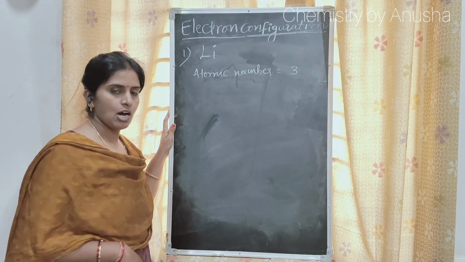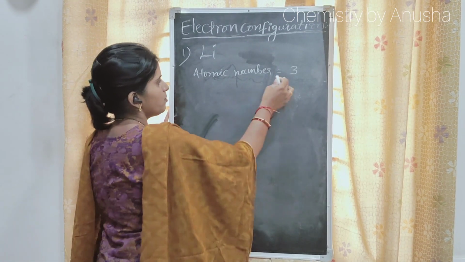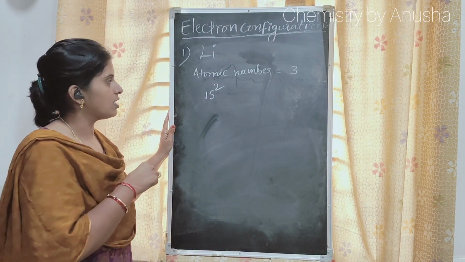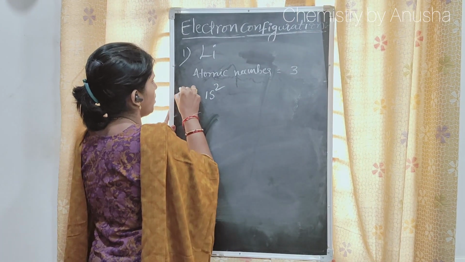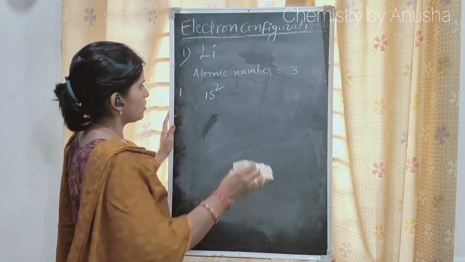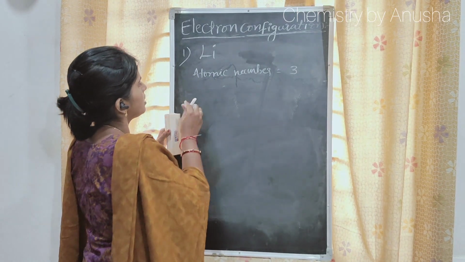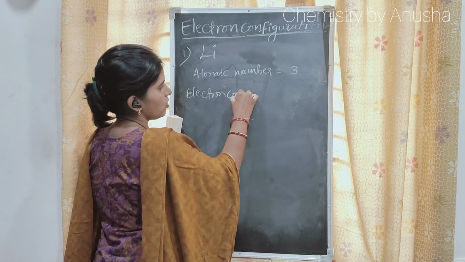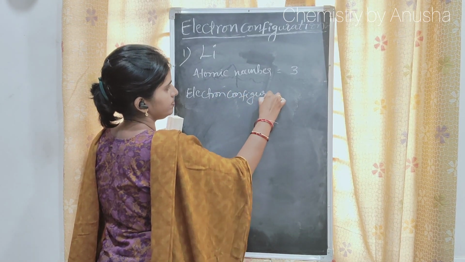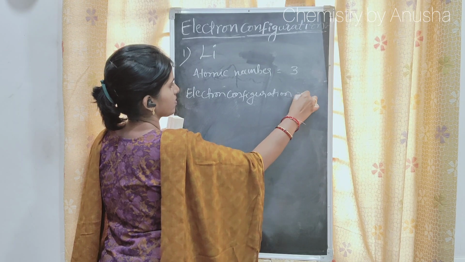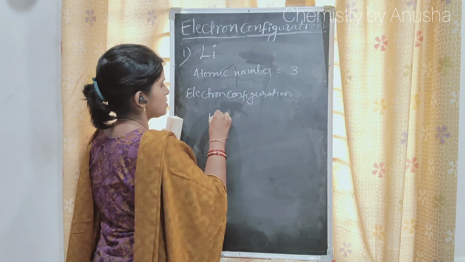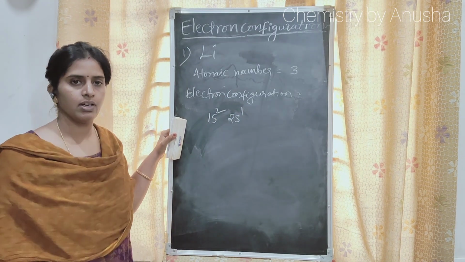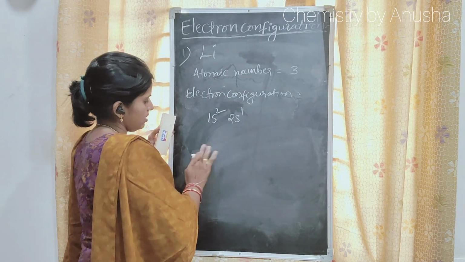Based on the Aufbau principle, the maximum number of electrons in the s orbital is 2. So the electron configuration for the lithium atom is 1s2, 2s1.